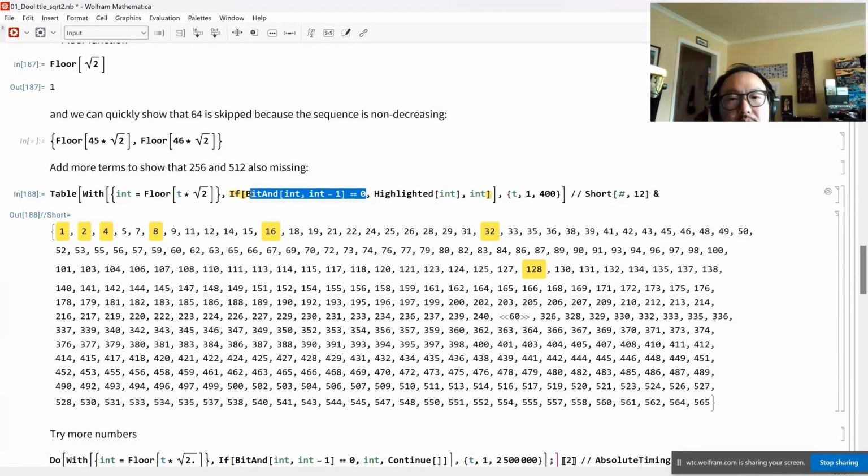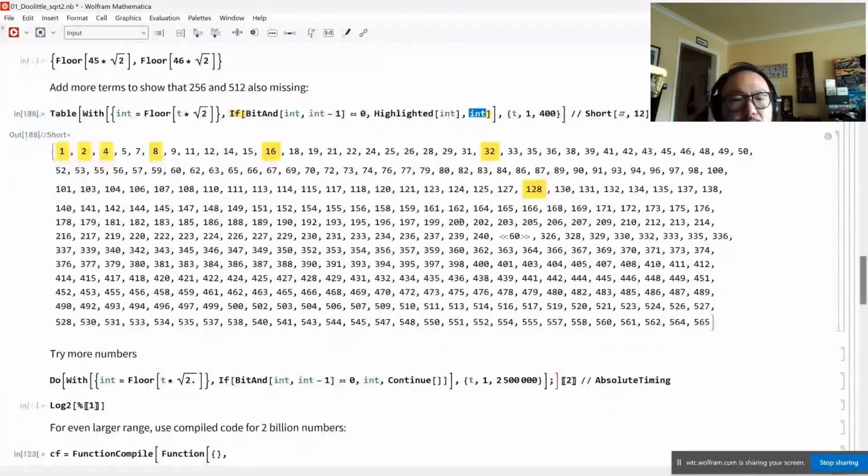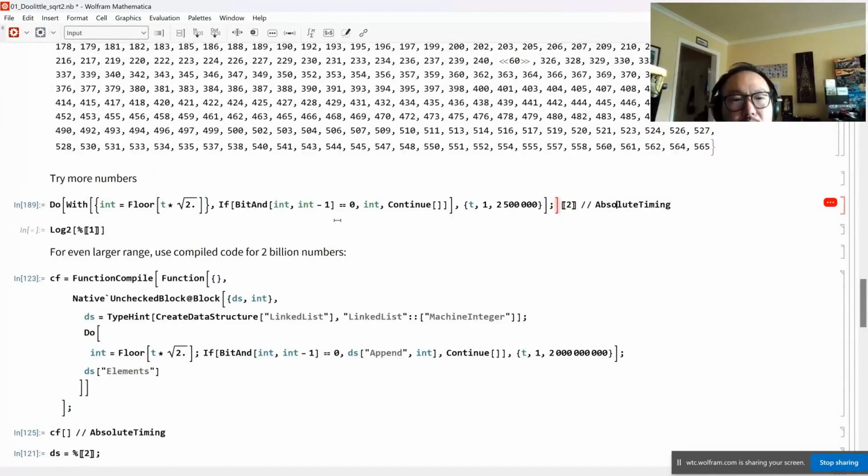If it returns 0, it means this integer is a perfect power of 2. Otherwise, it's not. So if it is true, highlight this number. If it's not, just get rid of it. If you try this, it takes about 4 seconds to evaluate, so it really takes some time.